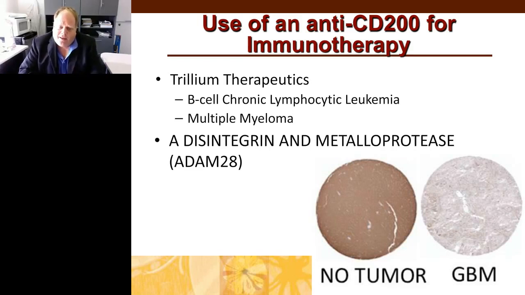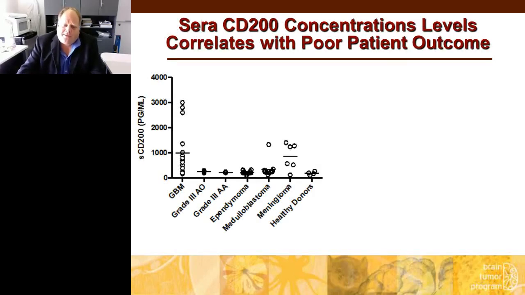So we think that targeting the tumor itself, the CD200 on the tumor, will not be efficacious because it's solubilized. And that correlates with some patient data, including ours, where Wang et al. reported that it's soluble CD200 that correlates with poor patient outcome.